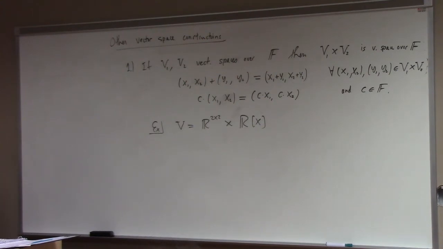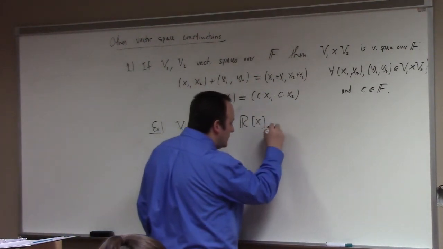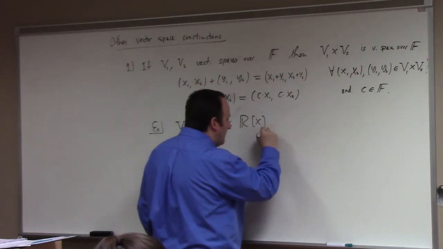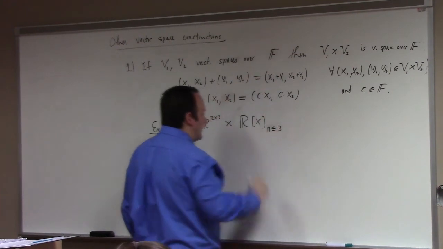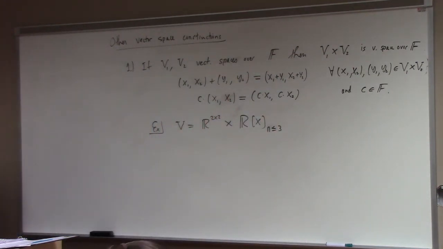It's an infinite dimensional vector space. You want me to make it finite dimensional? Here. Now it's pairs of 2 by 2 matrices and cubic polynomials.